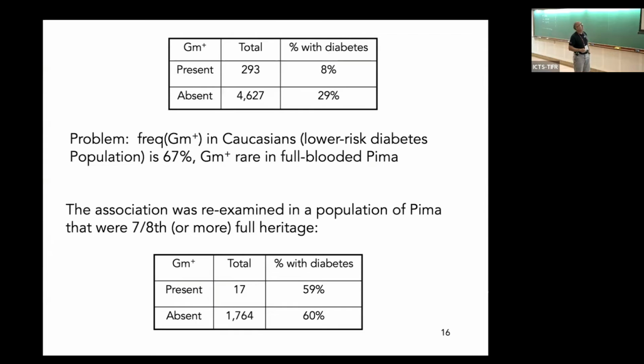So they looked at the tribal registry, and they only looked at people that have 7 of their 8 relatives registered as full members of the tribe. When you do that, number 1, you see that this is a very rare site. Number 2, you see the signal entirely goes away. So this incredibly strong signal wasn't that GM was linked to a causal site, but rather that your data consisted of hidden populations.